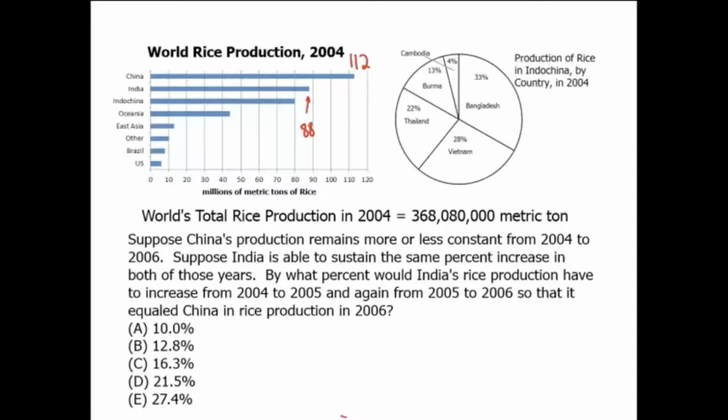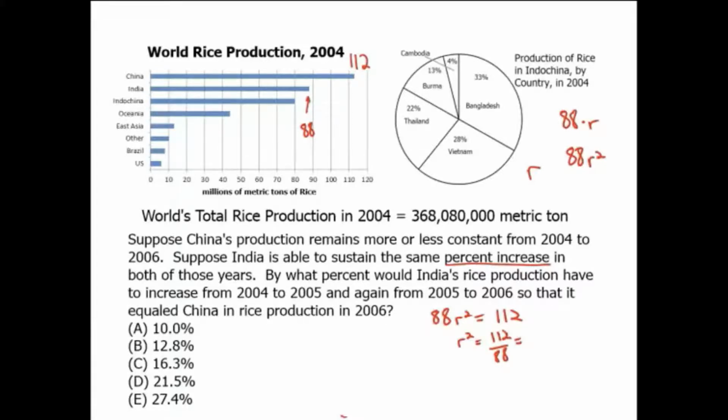So the easiest way to think about this is just treat the percent increase as a multiplier. So we'll just call R the multiplier of the unknown percent increase. And so after 1 year, we would have 88 times R. After 2 years, we'd have 88 times R squared. And this 88 times R squared should equal 112. So 88 R squared equals 112, or in other words, R squared equals 112 over 88.